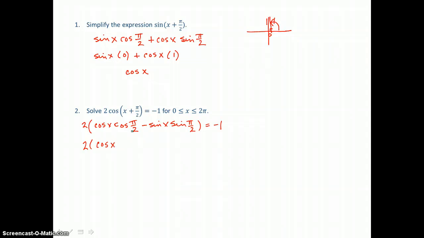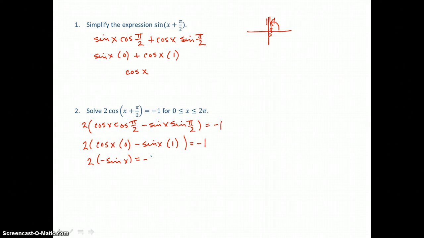So substituting in for the cosine of pi over 2, which is adjacent over hypotenuse, 0 over 1, I'm substituting in 0. And substituting in for the sine of pi over 2, which was opposite over hypotenuse, 1 over 1, or 1. Inside parentheses, since 0 times cosine x is 0, I'm going to be left with 1 times negative sine x, which is just negative sine x.